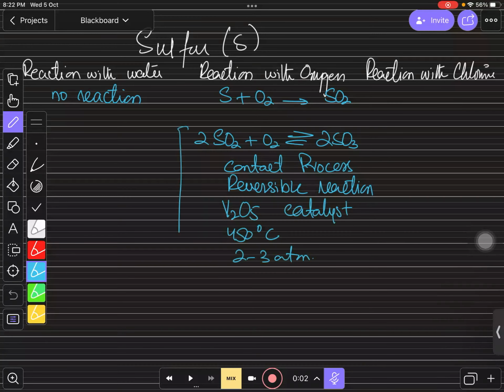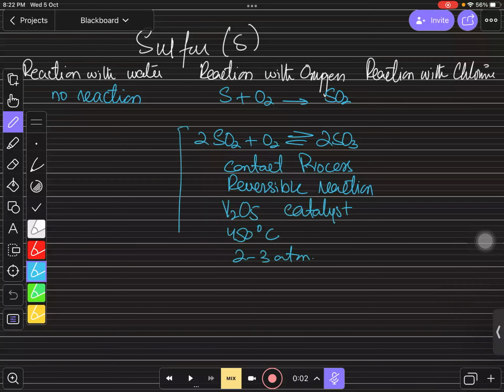This is only for the formation of sulfur trioxide, right? So sulfur can burn in the presence of oxygen to give sulfur dioxide, and sulfur dioxide can further oxidize to give sulfur trioxide. Then if you talk about the reaction with chlorine, it is very simple. Sulfur is going to react with chlorine to give S2Cl2, and this is an orange liquid.